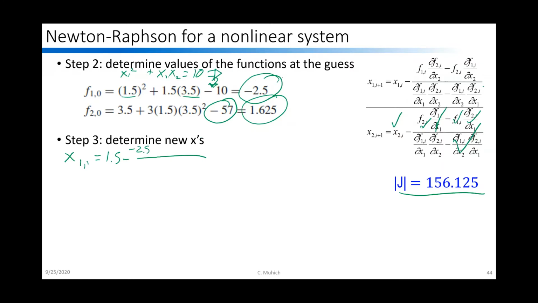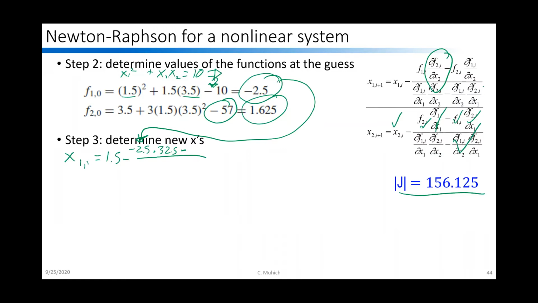So I'm going to pull that down here, times my derivative. We now need this piece, the derivative of f2 with respect to x2. If you remember from the previous slide, that's 32.5.